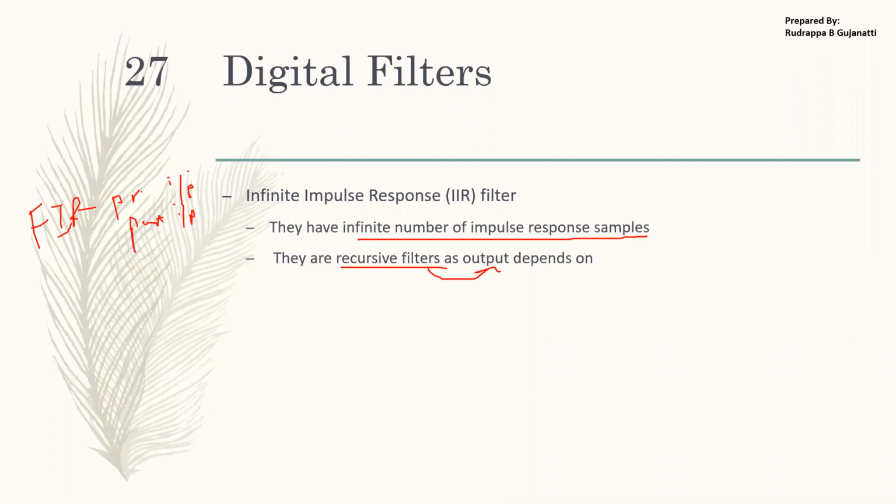Whereas in IIR, what happens? The output is dependent on the present input, past input sequences, and it also depends on the previous output. Hence, these kinds of filters come under recursive filters.